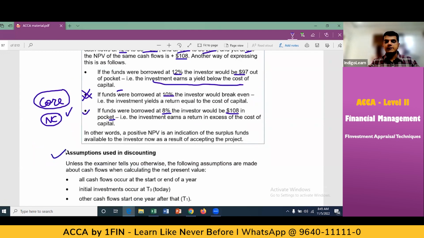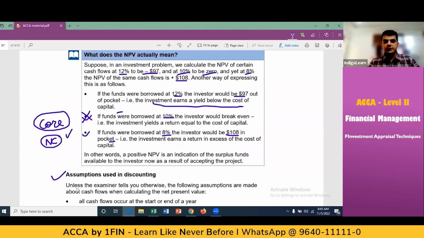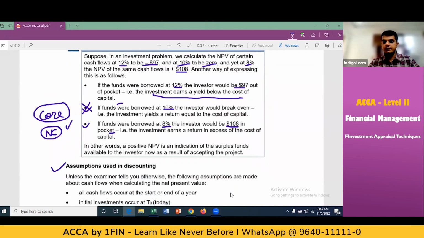Assumptions used in discounting. Till now, whatever we have discussed of NPV is based on certain assumptions. If I give you one example, year 1, 2, 3.